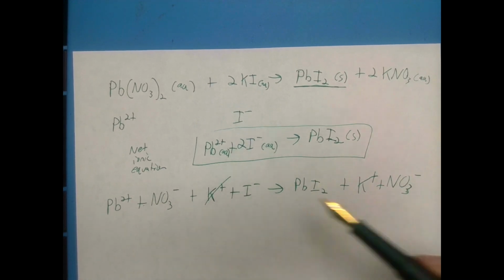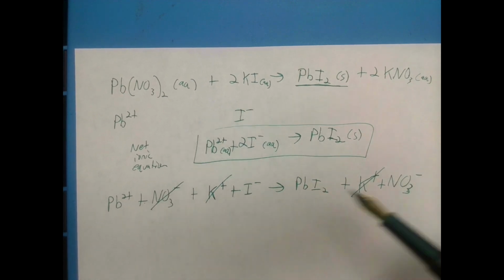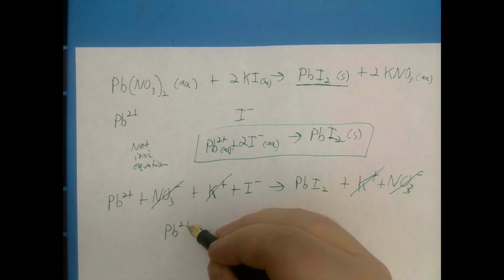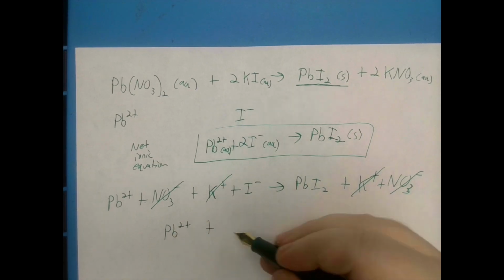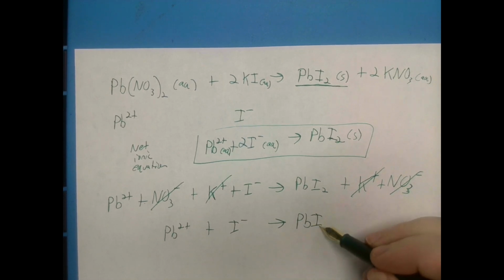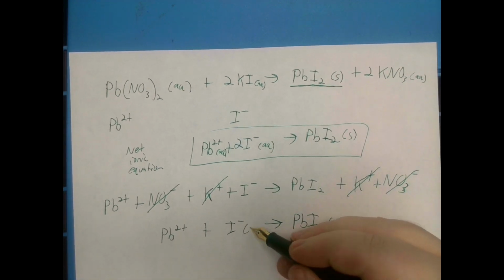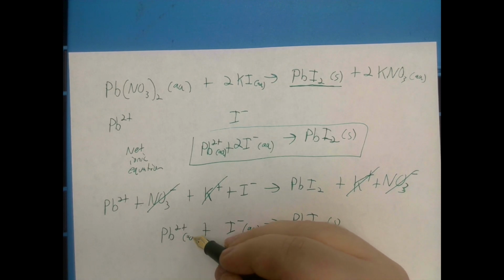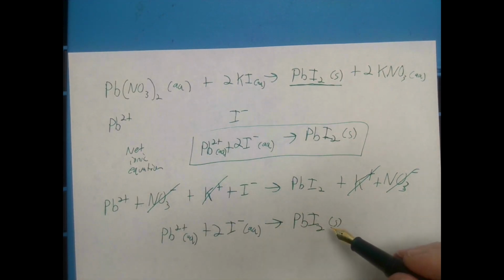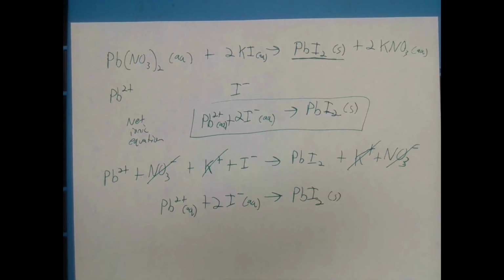So we have potassium and potassium, nitrate and nitrate, and the only thing left is lead 2+ and iodide, giving you lead 2 iodide. This is solid. That's aqueous. That's aqueous. And we need 2 iodide on the left to balance 2 iodide on the right.